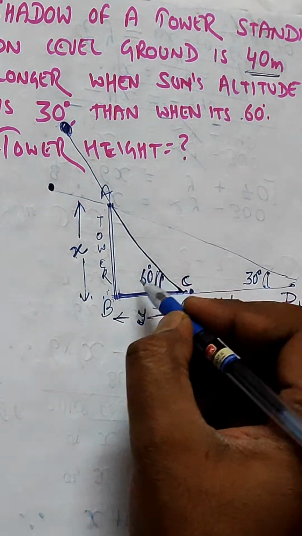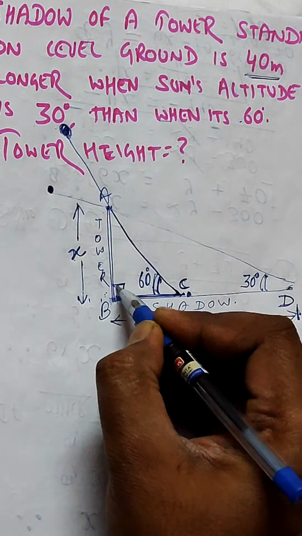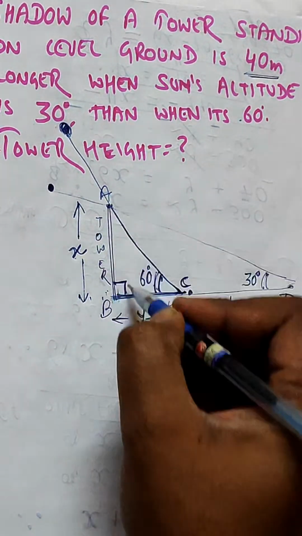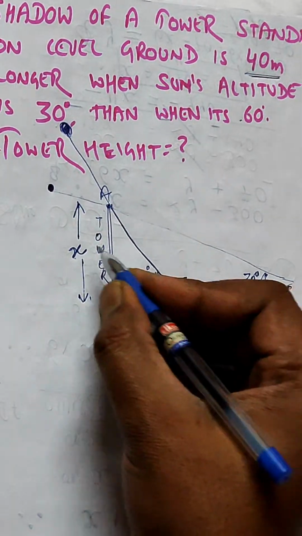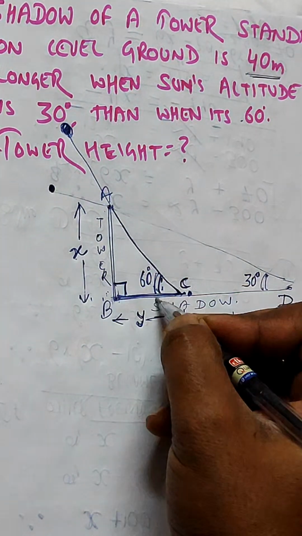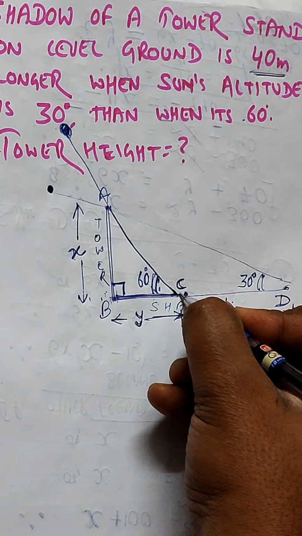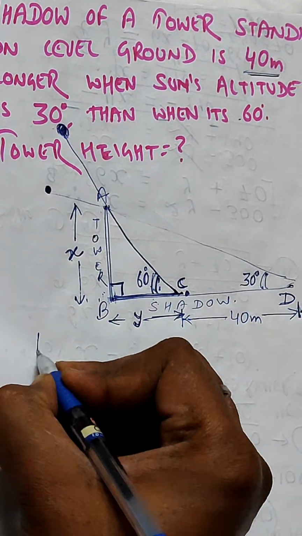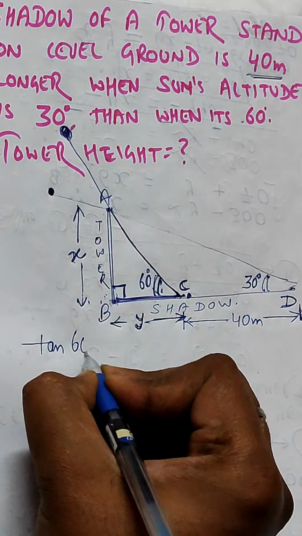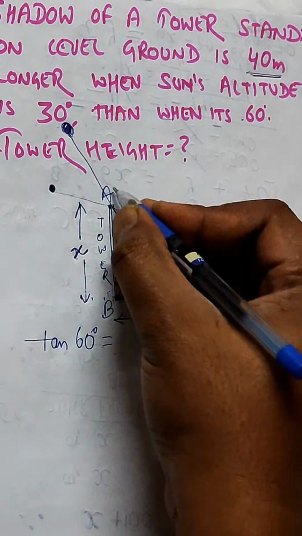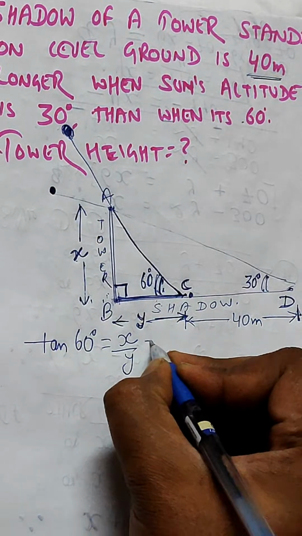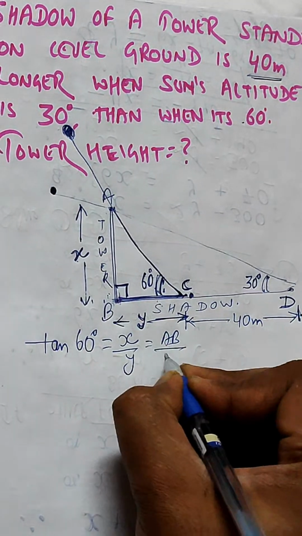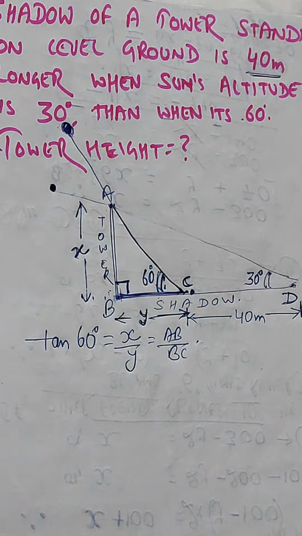Now this is a right angle triangle because the tower is standing erect on the ground, right? Now tan 60 will give you the relation between the tower and the tower shadow. Then we can say that tan 60 degrees equals AB by BC, that means x by y, right?